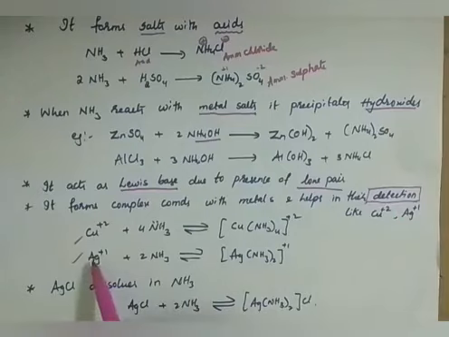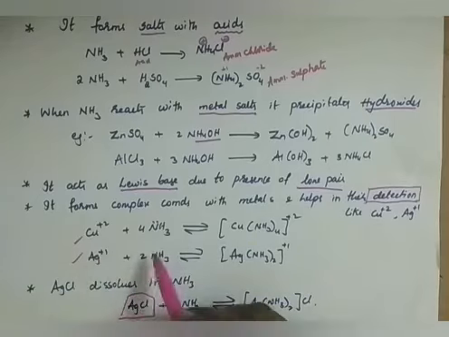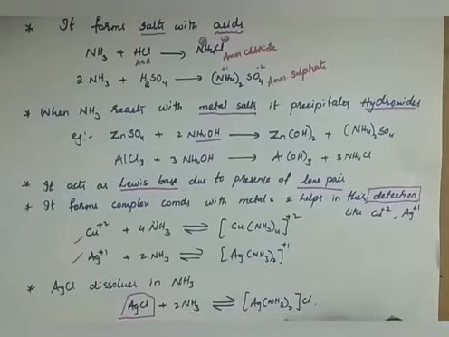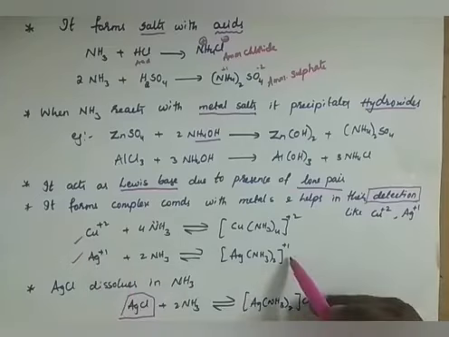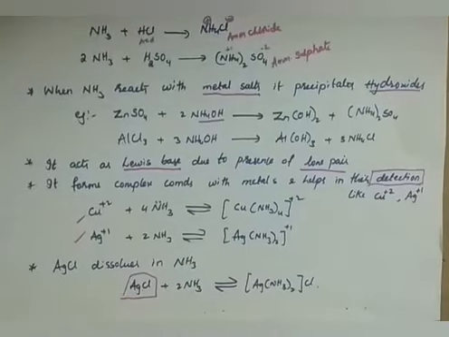Same reaction: when AgCl reacts with ammonia, it forms the complex, both detection and dissolving. It dissolves means it forms the complex, and Cl I have written after the complex. So these are all the physical and chemical properties of ammonia.